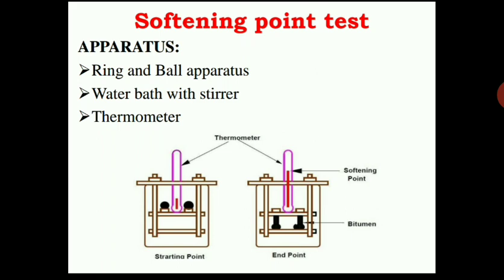Before mixing with the aggregate, it should have sufficient fluidity such that the aggregates can easily bind with the bitumen, and there will be a better interlocking system between the aggregates as well as the binder. The more common procedure adopted to liquefy bitumen is heating, so we bring it from solid stage to liquid stage by using the heating process.